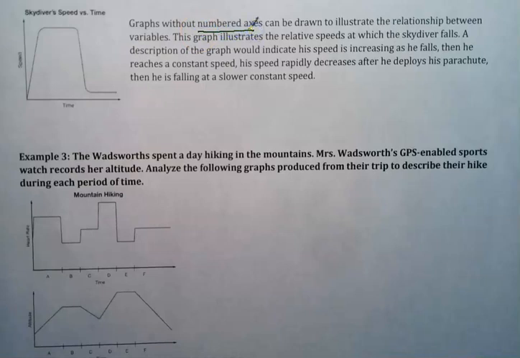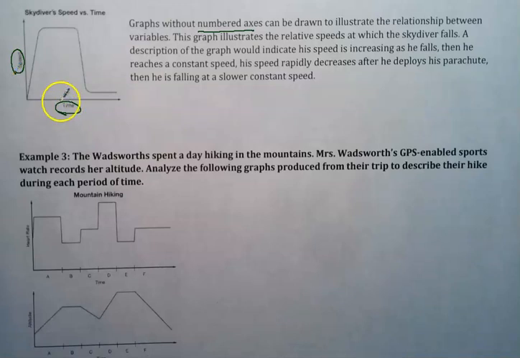Graphs without numbered axes can be drawn to illustrate the relationship between variables. This graph illustrates the relative speeds at which the skydiver falls. So notice we have the time and the speed. A description of the graph would indicate his speed is increasing as he falls.